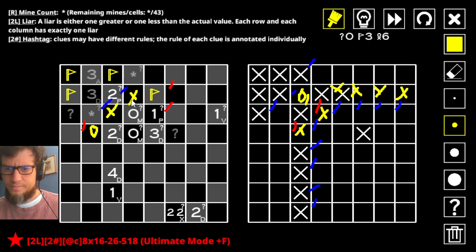Okay. If this 1 product is honest, well, yeah, I don't know about... Okay. This 2 deviation, yeah, is honest in this case, which means it's like that. If this is gone, yeah, for sure we get that these three are mines. These are all safe, because one of those two has to be.